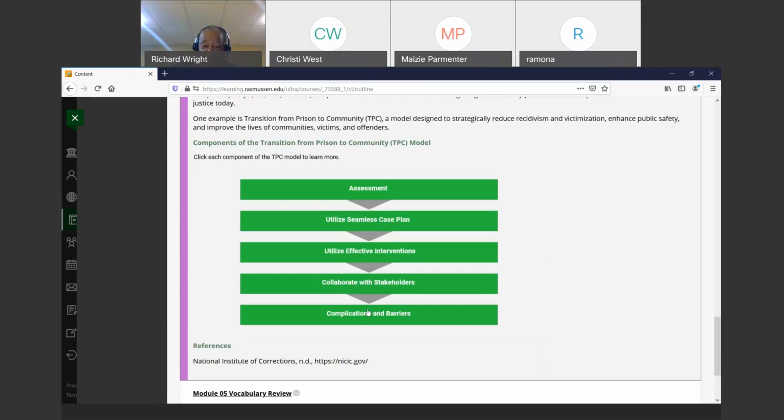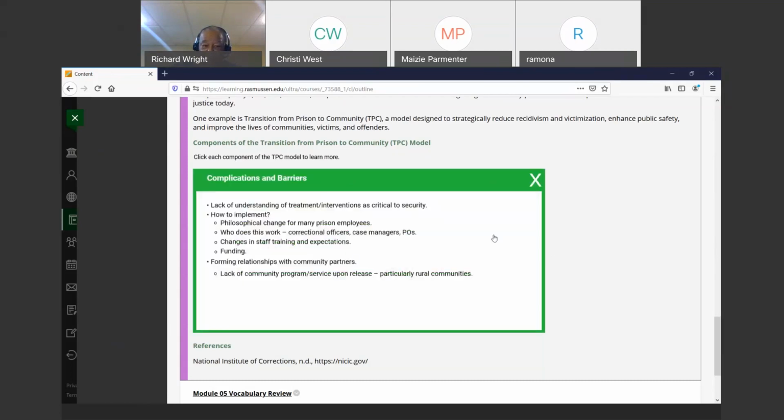And then final point is complications and barriers. These are some things that create problems for you trying to help these individuals. Lack of understanding, how to implement a philosophical change for prison employees, what works, who does this work, correction officers, and what your roles will be.